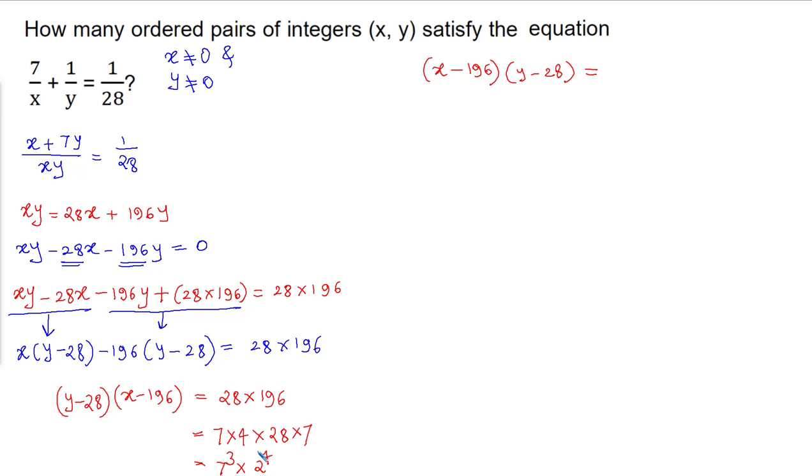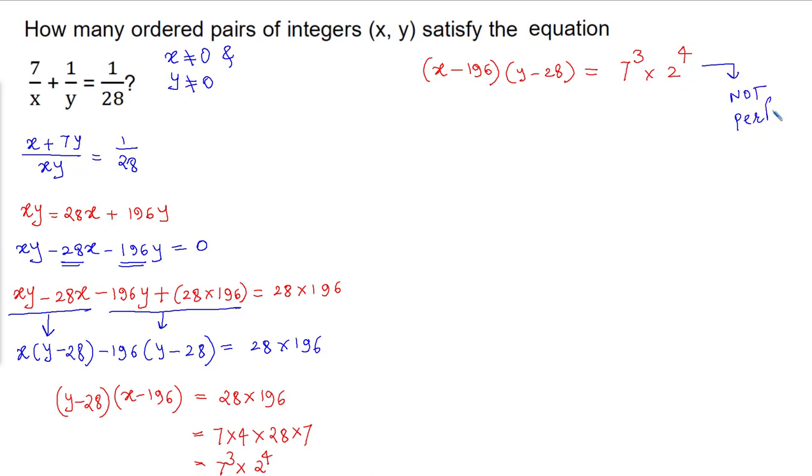Let me check if it is correct. 7 into 7 into 7, that is 7 to the power 3, and 4 into 4 is 2 to the power 4. So this factorization is x minus 196 into y minus 28 is equal to 7 to the power 3 into 2 to the power 4. Now this is not a perfect square. Let's note it down.